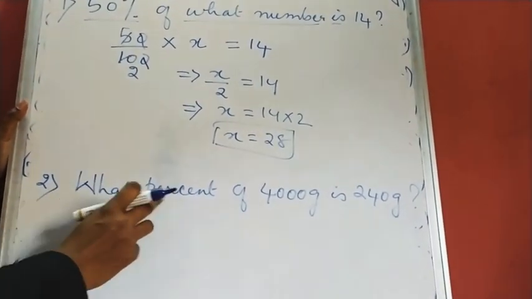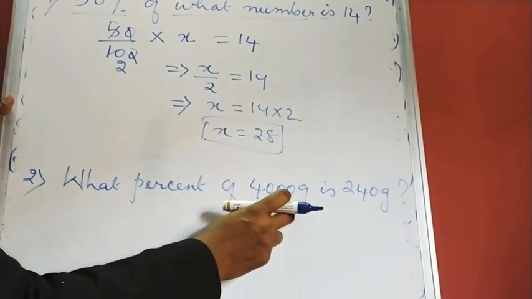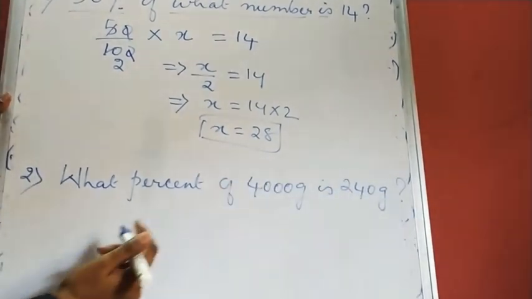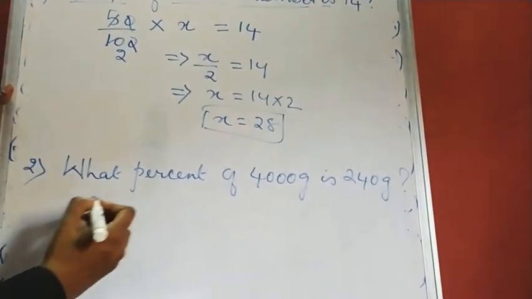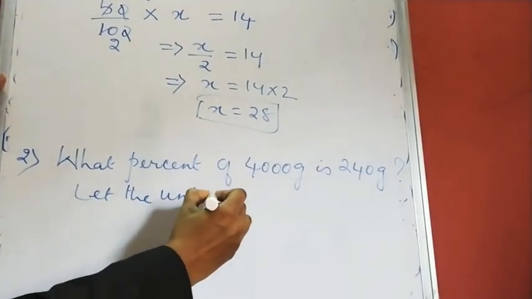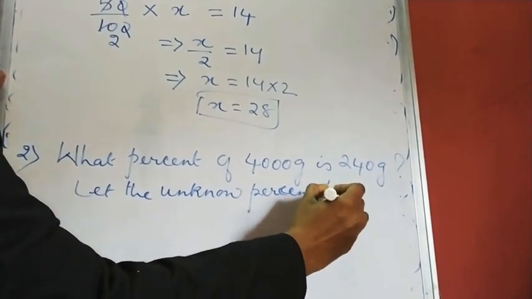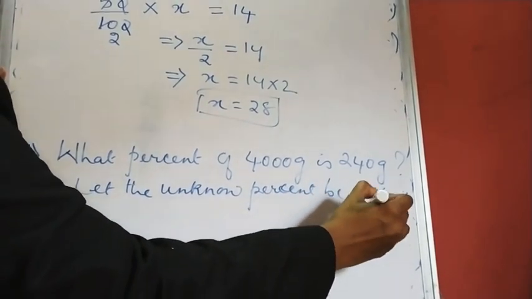Coming to the next question now, what percent of 4000 grams is 240 grams? What percent? Let the unknown percent be x percent.